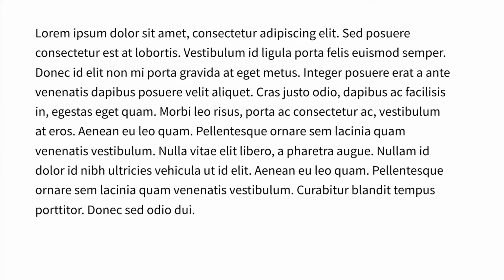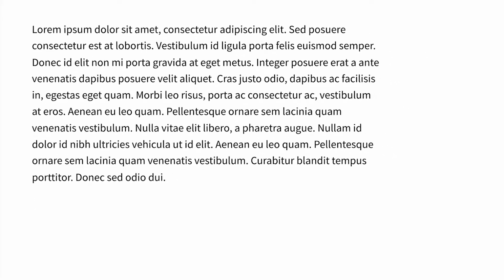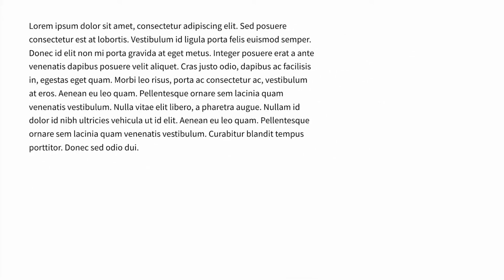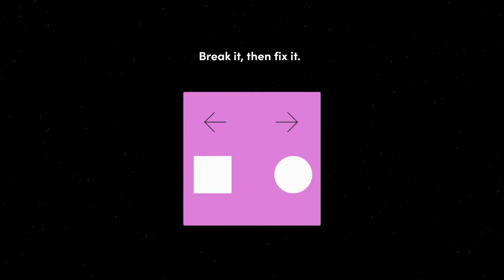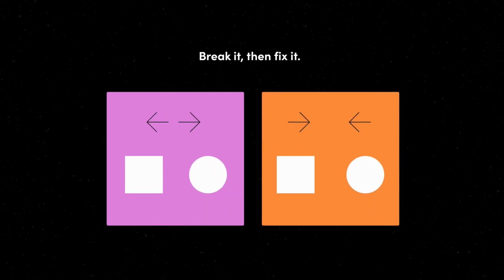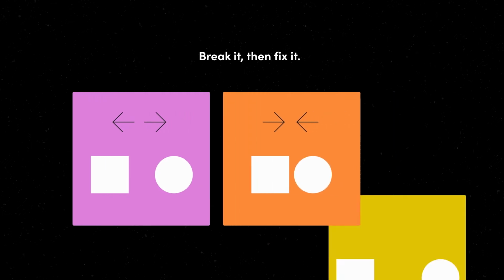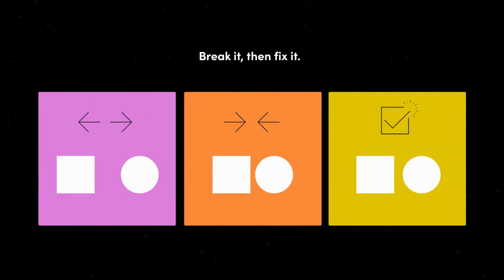Make it so big that you know it feels wrong, it's like way too big, and then slowly bring it back, make it a little smaller until it feels okay again. I like to call this technique break it and fix it. It helps you figure out the limits of what feels okay to you, and as long as you're within those limits, you're good for this exercise. We really just want to find a size that feels okay to us.